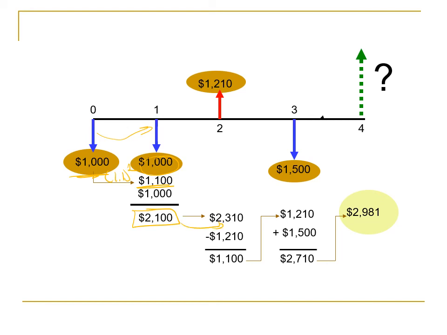And its future equivalent will be 1.1 to the power 1 multiplied by this amount, which is this value. And now, as you can see, we are subtracting this amount because it is upward arrow. Okay, it is in the opposite direction. And then the net amount will be 1,500 at this point.